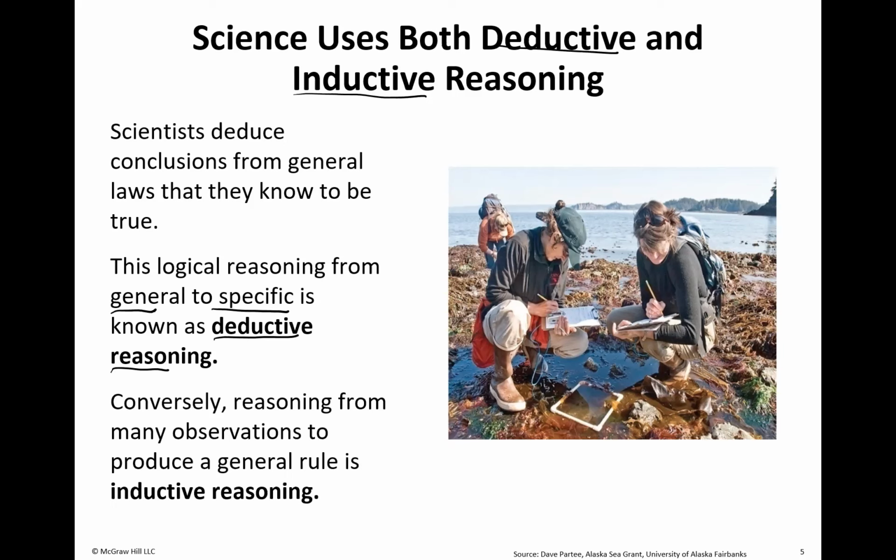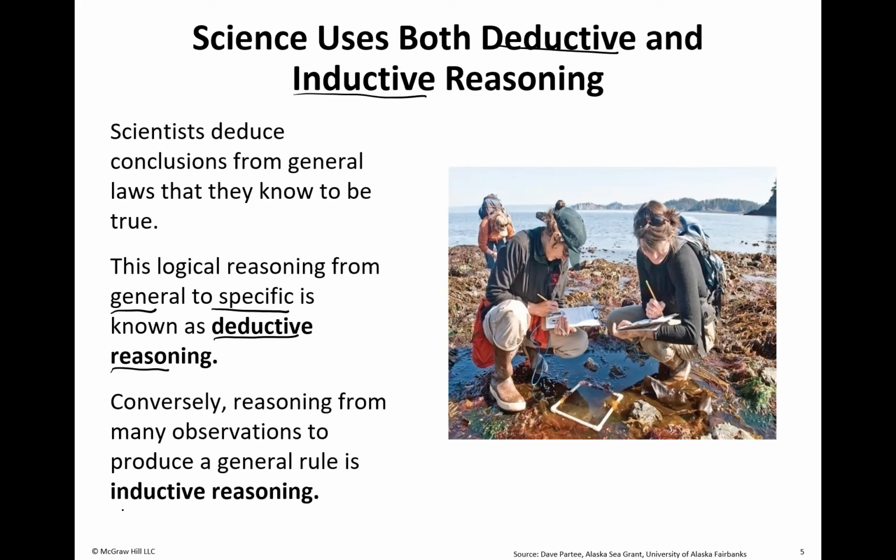For example, we all know that all organisms have cells. Because of that, a fish is an organism because fish consist of cells. So from general to specific. This is what we call deduction or deductive reasoning.